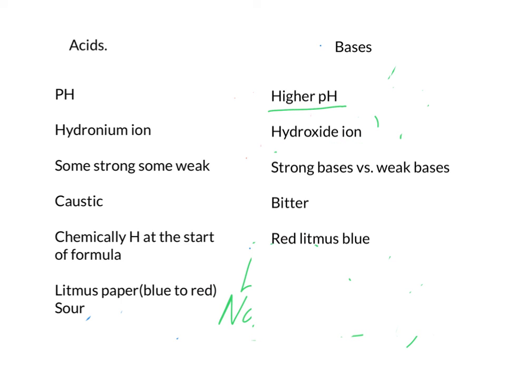One of the other things about bases is that if you tasted a base, which is not a good idea in a chemistry laboratory, bases generally are associated with a bitter taste. If you think about really strong coffee, that is bitter. And the last thing about bases is that bases turn red litmus paper blue, and it's a good way to tell if something's an acid or a base.